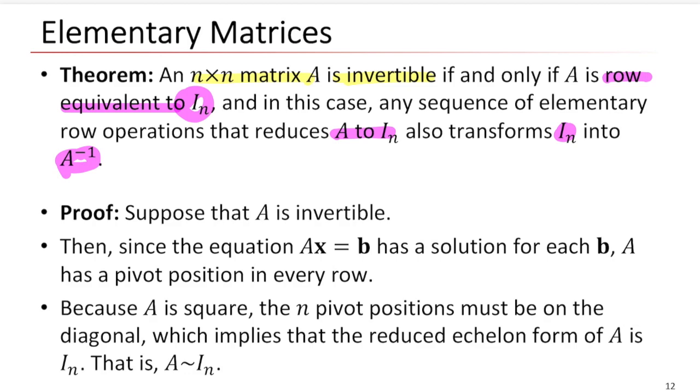What does it mean? Okay, let's say we have an arbitrary matrix A here. By using some kinds of row operations, we can derive the In from the matrix A. It means that there are several kinds of row operations, right? Something like interchange, replacement, or scaling, right?